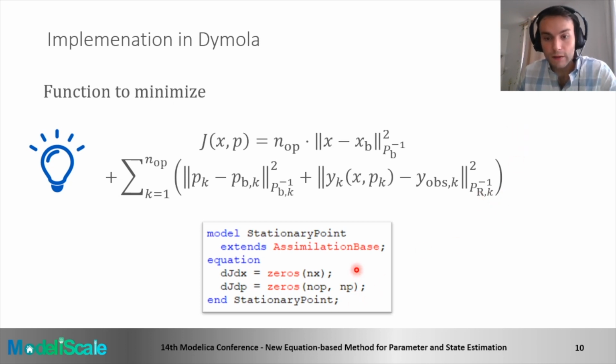So we can just simply in Dymola set these derivatives to 0 and then use the Newton nonlinear system solver to find this optimal state in a very simple way. And of course, we have implemented also other algorithms based on gradient descent, and this is very interesting to do directly in Dymola, since we can use the analytical Jacobian, so the calculations are much faster.